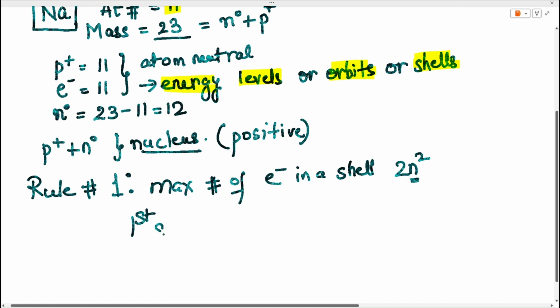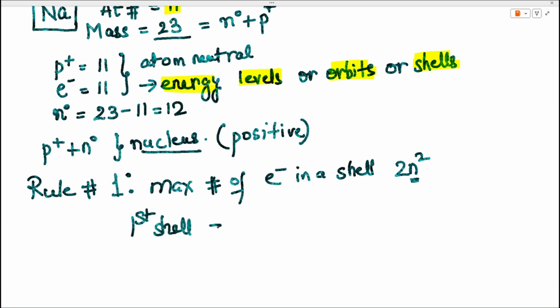The first shell can have a maximum number of electrons calculated by 2 times 1 squared, which is equal to 2 electrons. In any case, our first shell cannot have more than 2 electrons. It could be less if the element does not have enough electrons, but it cannot go beyond 2.